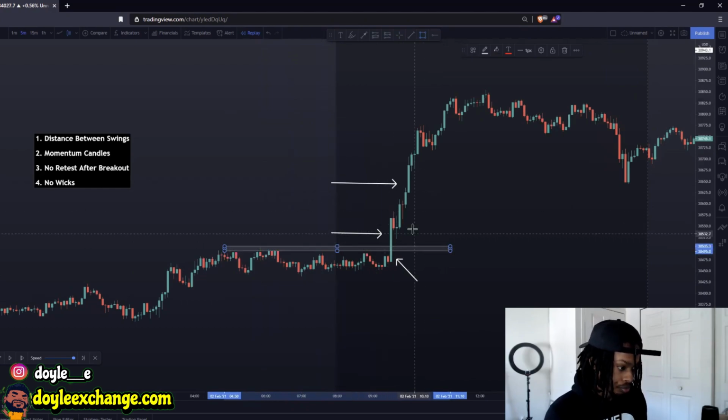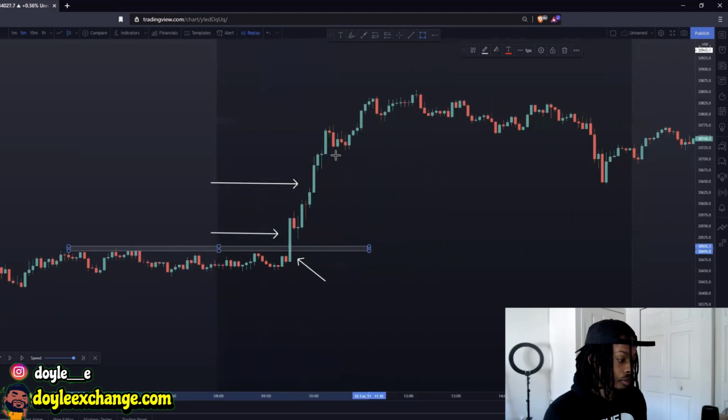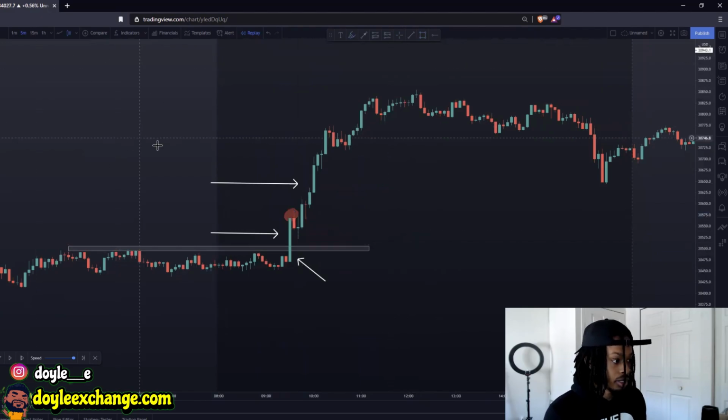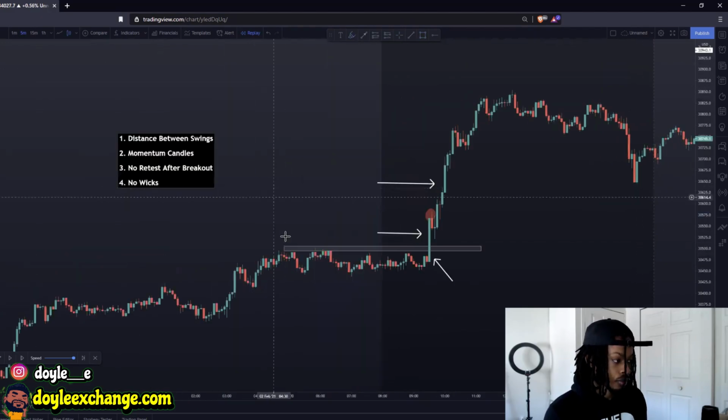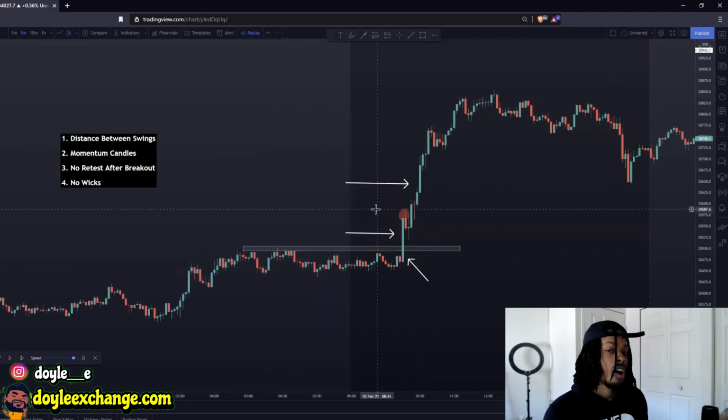So as it pulls back and breaks up again, breaking this little swing high right here, now I know that I'm in an uptrend. Now, in this situation, it did have a retest, but since this momentum candle didn't have no wicks, I would be confident that this is going to continue up.